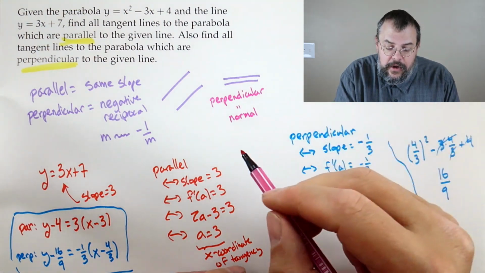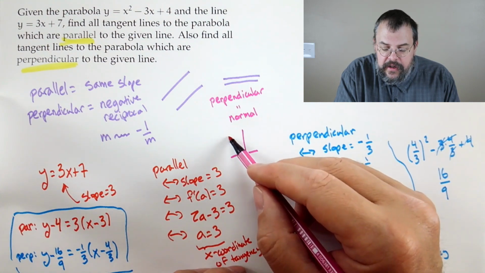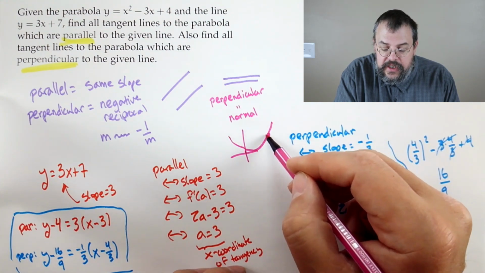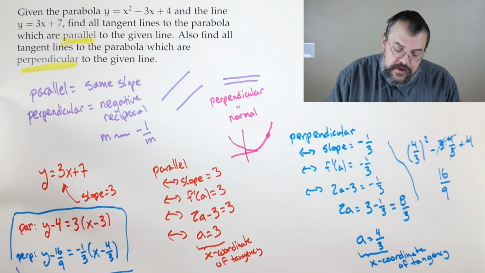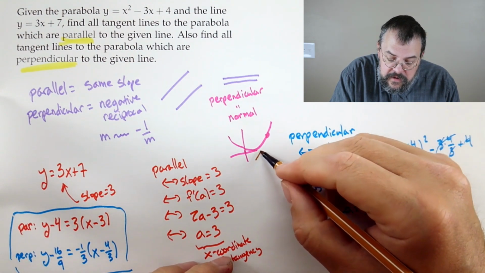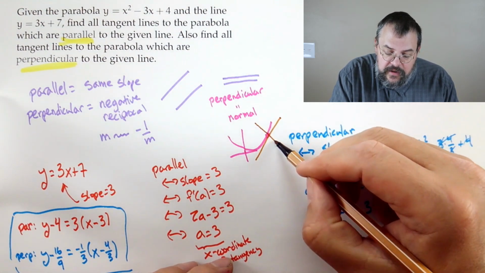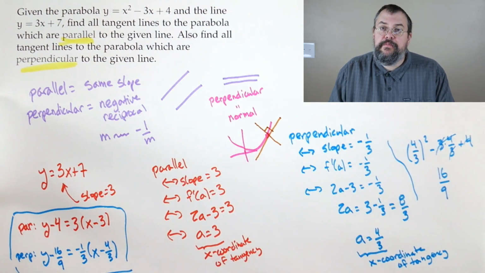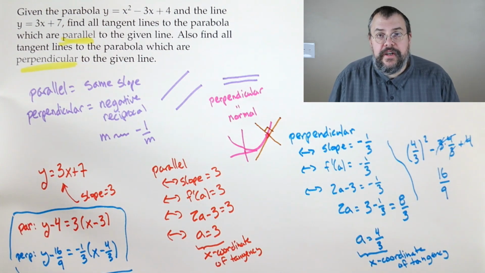What is that? If I think of a parabola, the tangent line looks vaguely like this. Here's my tangent line. The normal line looks like this. It passes through the point, but it's perpendicular to what the tangent line is doing.